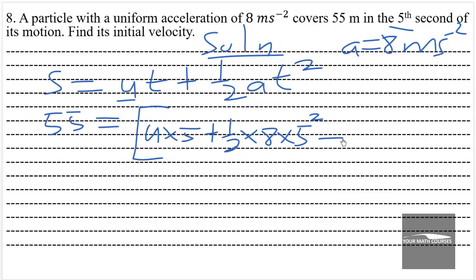minus the 4th seconds, which will be u times 4, then plus half of 8t squared. a is 8, and the t now is 4 squared.